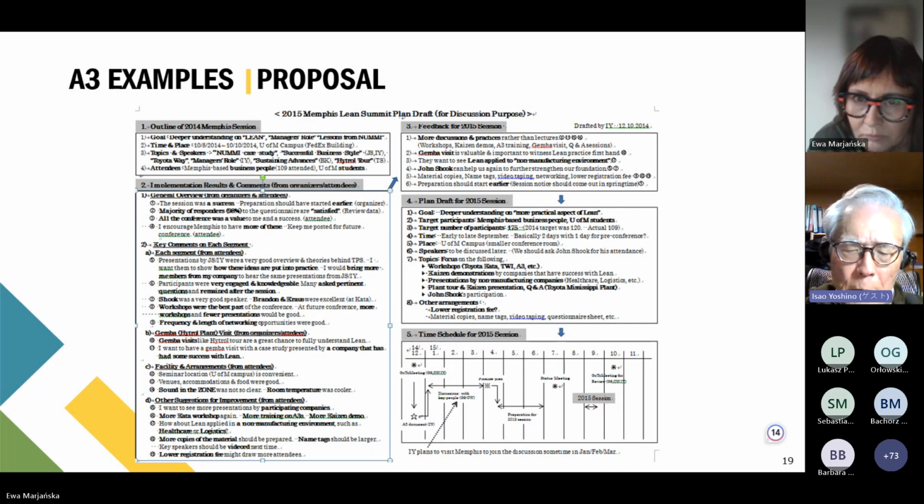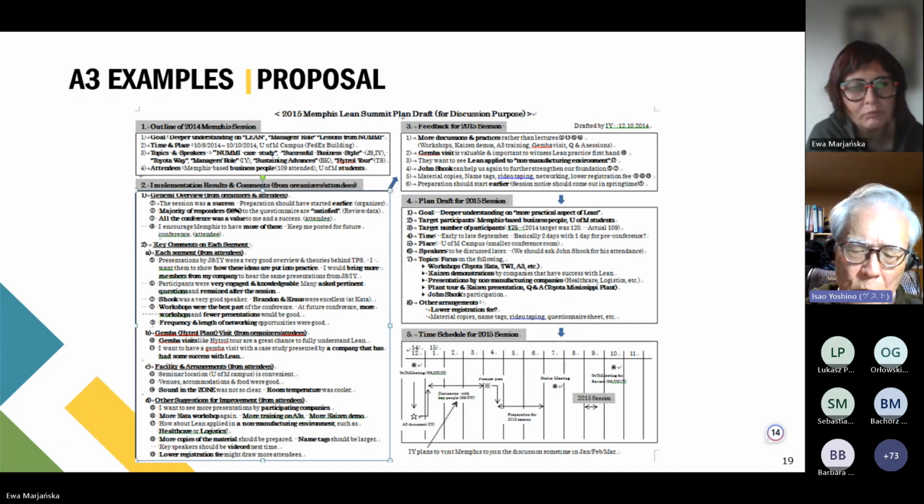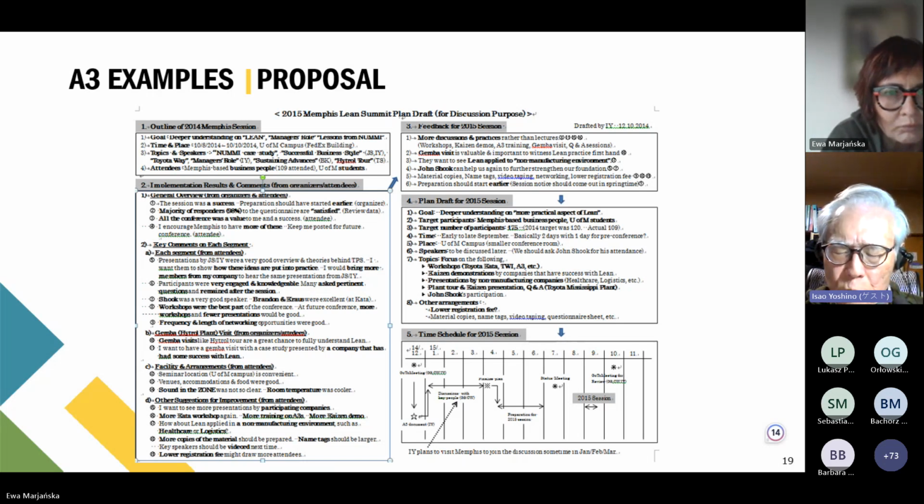And on the left-hand side, maybe too much. So this is not necessarily a very, very good example, but this is one example I wanted to show you. At the time, I was talking about how to prepare an A3 document, and this is one example.